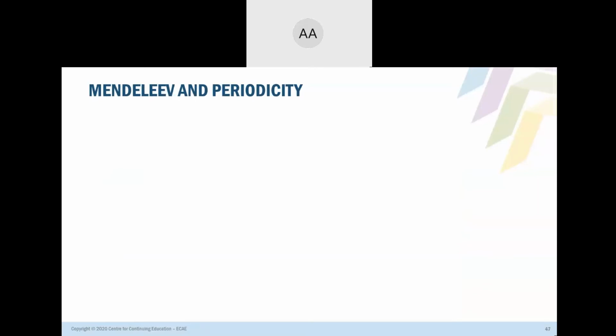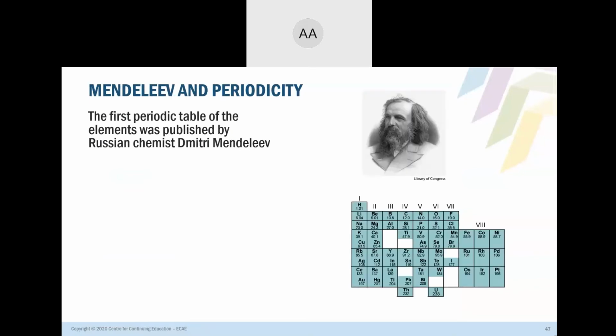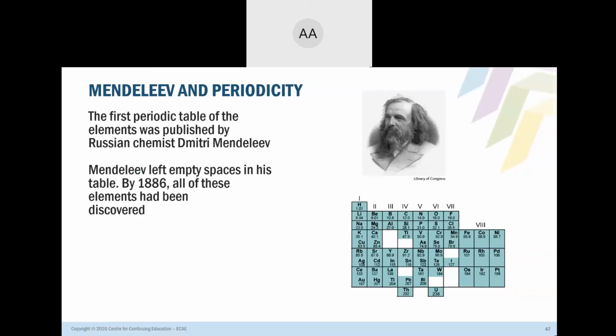So, very famous scientist that we all know about, Mendeleev, first periodic table was published by this Russian chemist Dmitry Mendeleev, and he had some gaps. Not all of the elements that we now know exist had been discovered yet, so he left these empty spaces.